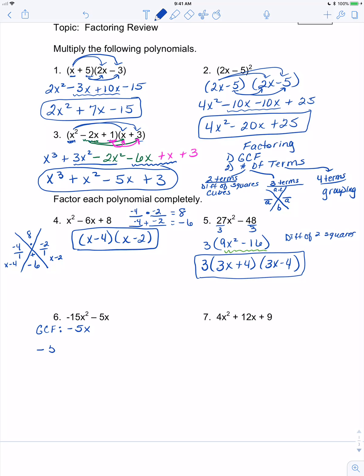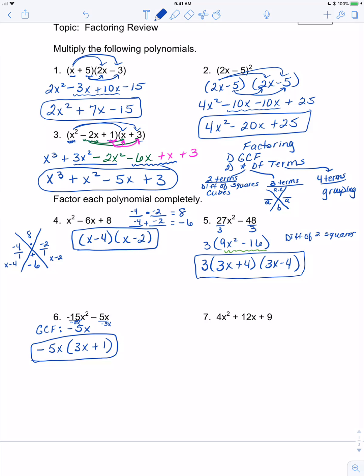So if we take a negative 5x, we are left with 3x plus 1. Okay, this 3x plus 1 cannot factor anymore, so that is your final answer. And remember, it's always just like you're dividing by that negative 5x on both of those terms. And so that's where we get that 1.